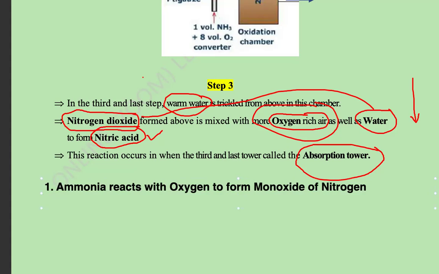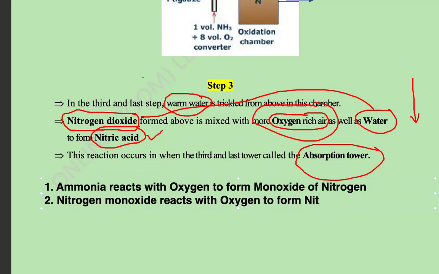That's number 1. Number 2, we're going to react the monoxide of nitrogen with oxygen to form nitrogen dioxide. Reactions you can do.